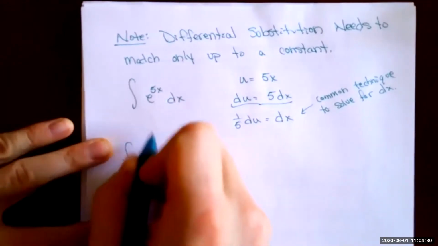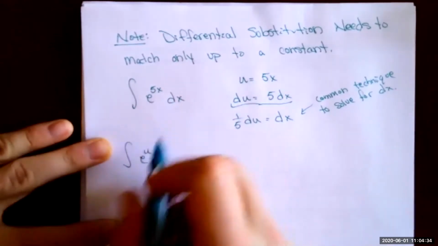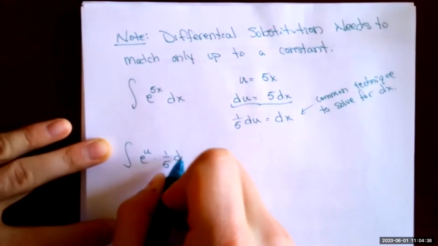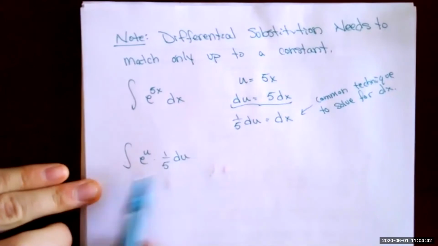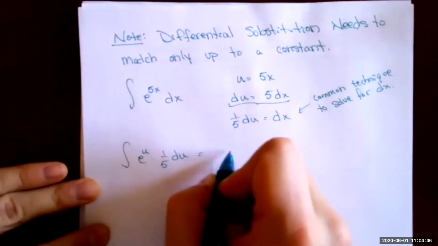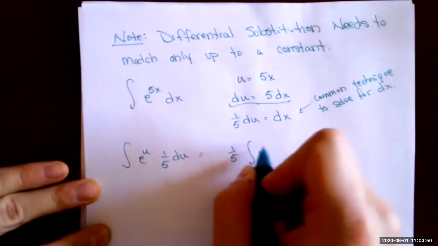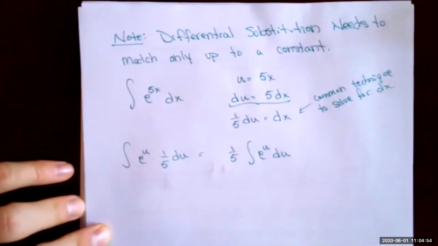We'll have e to the 5x is just u now, and this dx is 1/5 du. And you can think of all of these as just being multiplied together. So since I'm just multiplying by a constant, we can bring that all the way out front, and we've got 1/5 the integral of e to the u du.